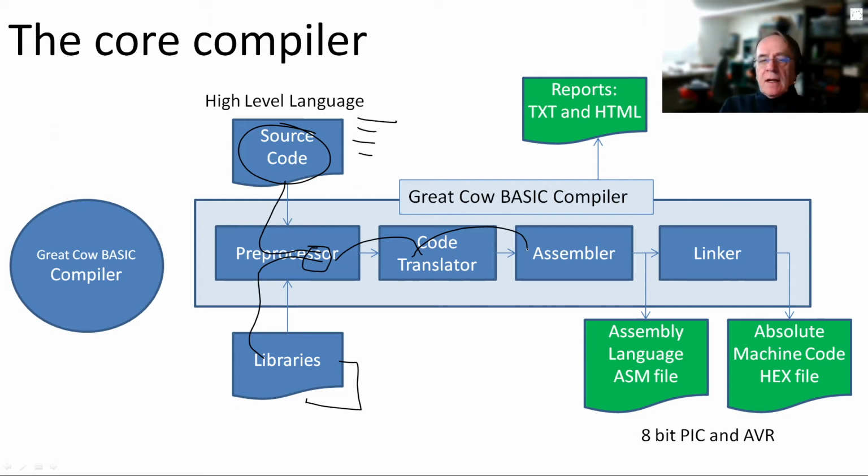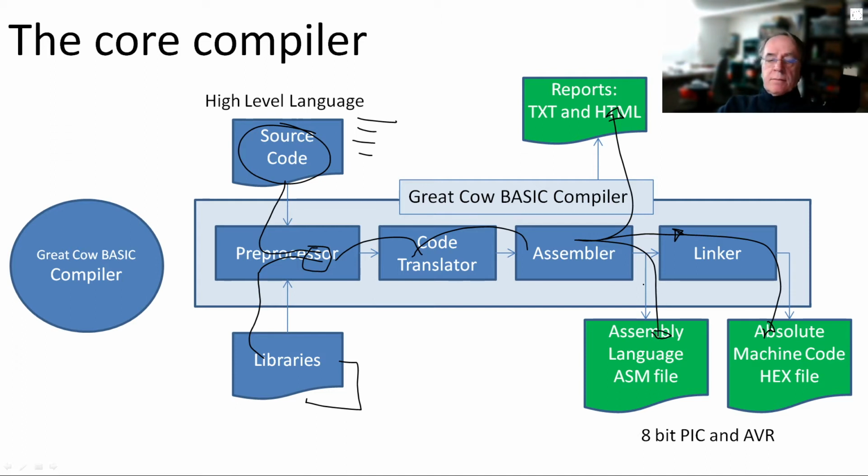At this point, we're starting to generate the code specific for the chip, and it will output an assembly language file. It will also output the reports. Then it passes it to GCASM, Graphical ASM. It will then link it and create the machine file, which you've seen happen, and then it will get programmed.